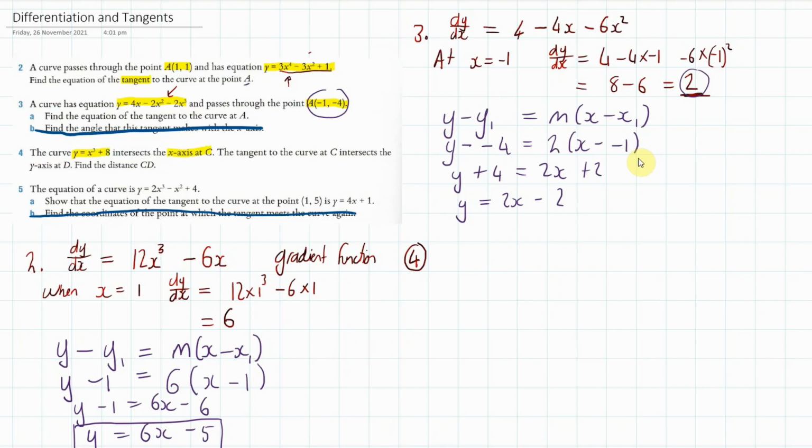Okay, so where does it intersect the x-axis? Well, we know it intersects the x-axis when y equals 0, right? Because, okay, here's our x-axis. What do we know about y? Anywhere along here, y is 0. So let's find the coordinates. We're going to take this here, y equals x cubed plus 8.